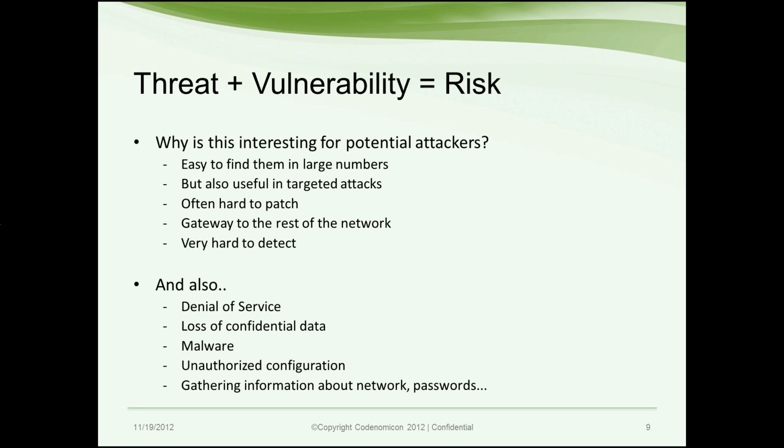As another aspect of why this is interesting to attack, of course, it's a gateway to the rest of your network, meaning that if you own the box, so to say, if you have shell access to the box itself, which has advanced routing capabilities, you can attack other devices in the network itself.